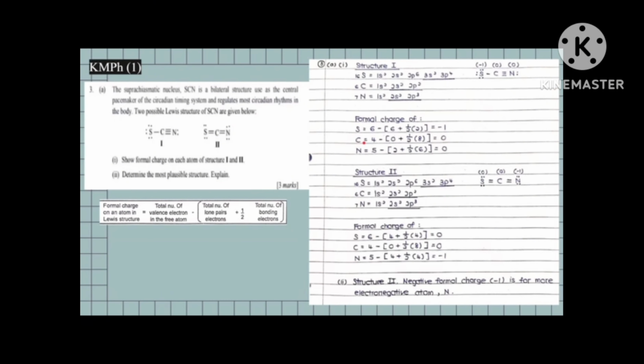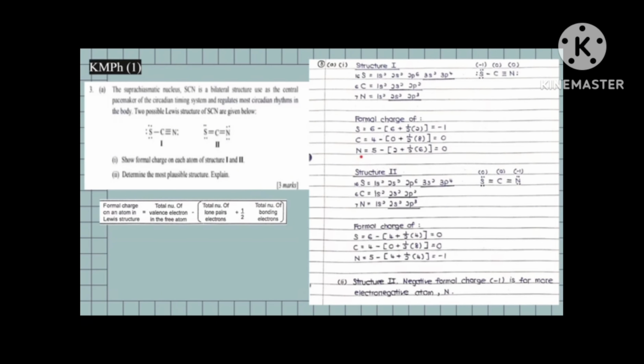For carbon, C, there are 4 valence electrons minus, in bracket, there are no lone pairs, 0, plus 1/2 of bonding electrons, there are 1, 2, 3, 4, 5, 6, 7, 8. Close bracket, and equals 0.